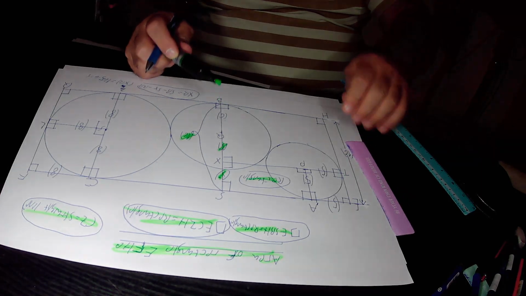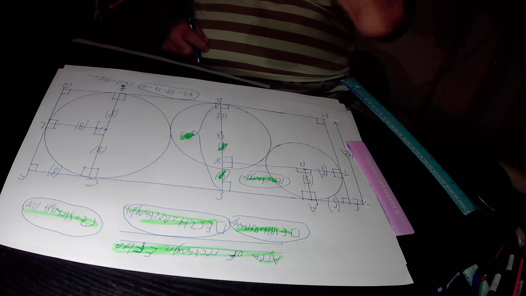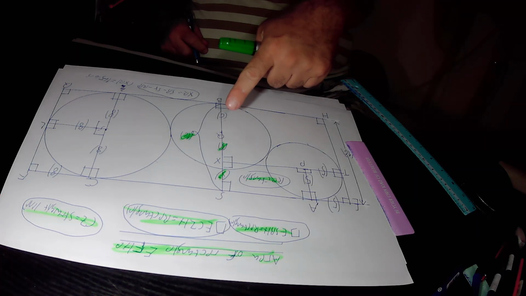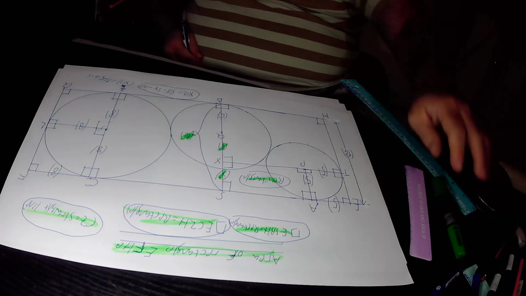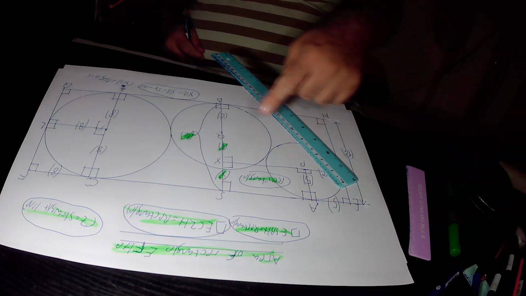In the next step, we join points P and Q together by a straight line. Point P is the center of the small circle, point Q is the center of this medium circle. So PQ is the distance between their centers.